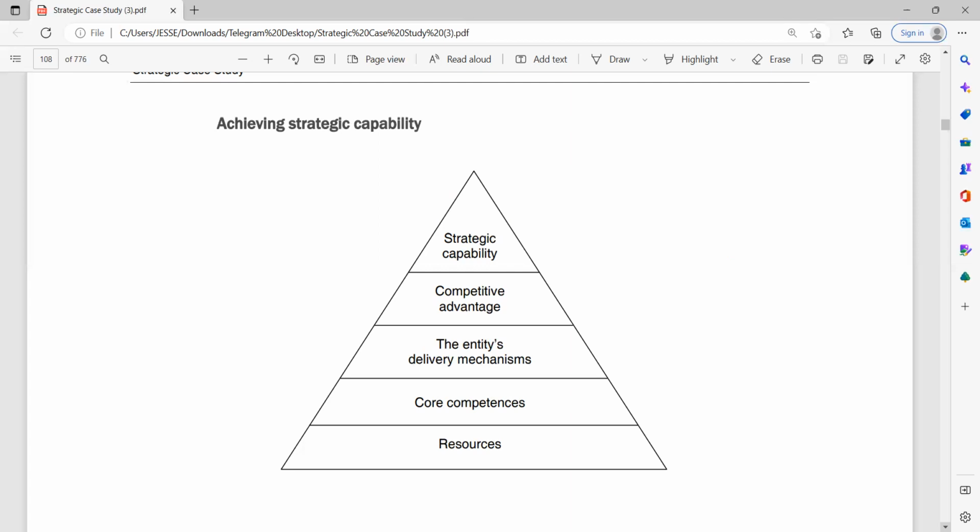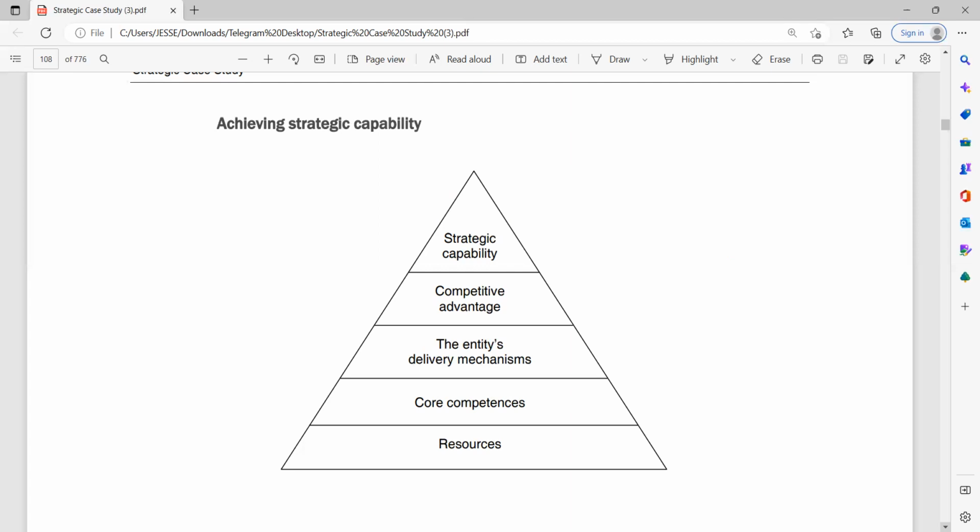So let's say a resource would be a human being, right? A core competency will be a human being who has been trained specifically in tax accounting, where the human being has been trained so much that they understand how tax accounting works and they are able to deliver value to the market.